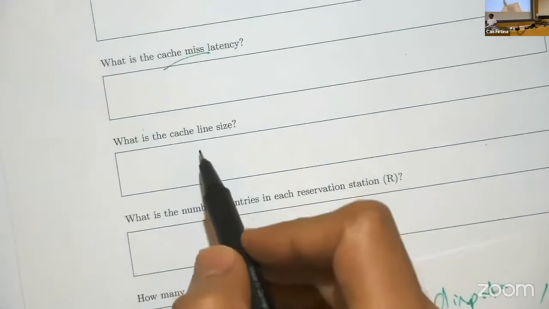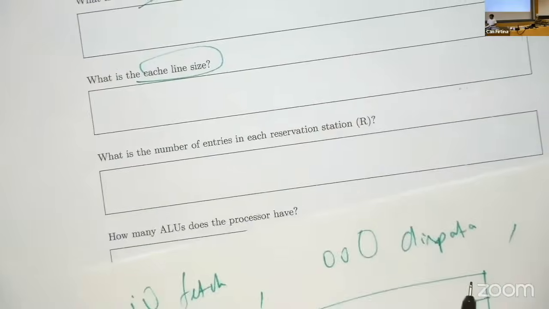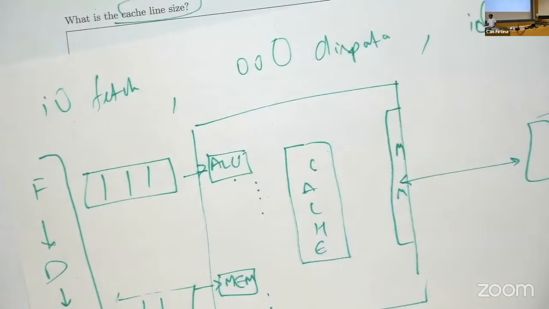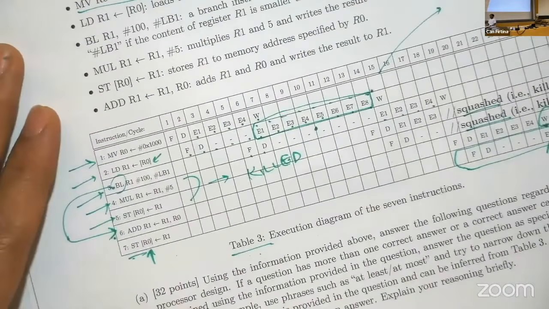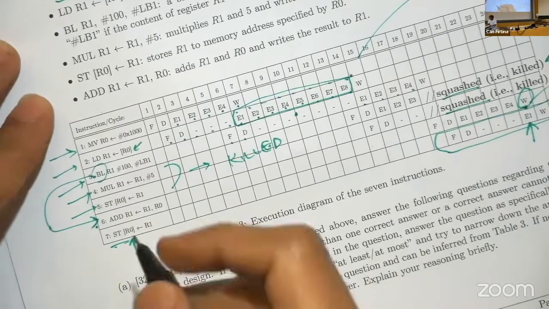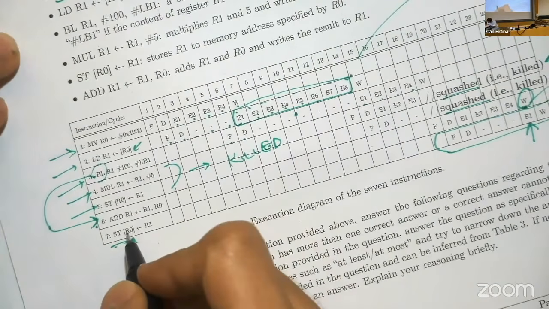What is the cache line size? The third question is, what is the cache line size? Interesting. When you see cache line size, you should think about how to figure it out. I can figure out the cache line size by changing the address that I am accessing. But surprisingly, in the entire execution diagram that we saw, we never changed the address. If you look clearly, you can see the stores and the loads all happen at R0.